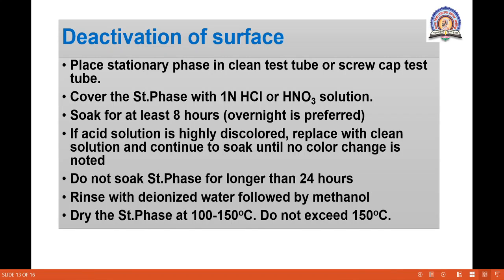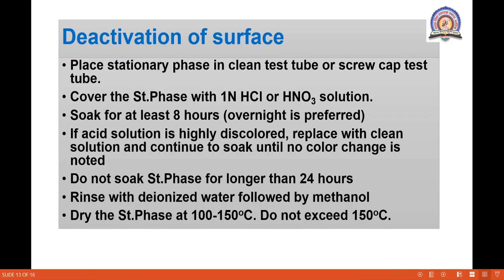Is it clear? If we soak the stationary phase overnight and observe that the acid solution is colored, then replace that HCl or HNO3 with another clean solution and continue to soak until there is no color change. Do not soak the stationary phase for longer than 24 hours.